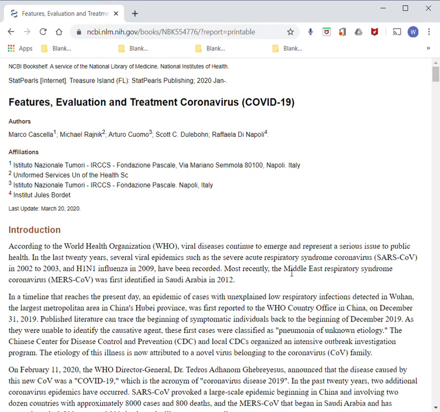Most recently, the Middle East respiratory syndrome coronavirus, MERS-CoV, was first identified in Saudi Arabia in 2012. Now, the reason that number 2 has a 2 after it, so first question, who is the World Health Organization? Number 2, what did the original name SARS-CoV-2 stand for? SARS stands for Severe Acute Respiratory Syndrome Coronavirus. There is a -2 after it because this is the second one that has the SARS type of symptoms.